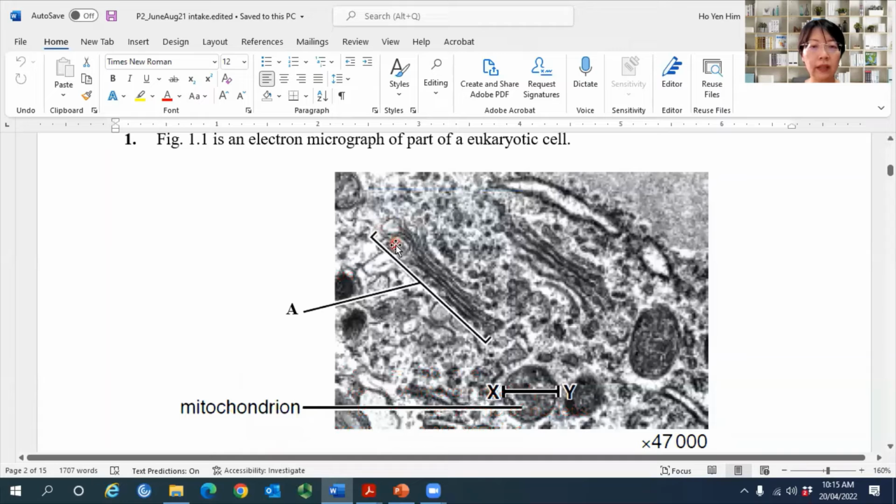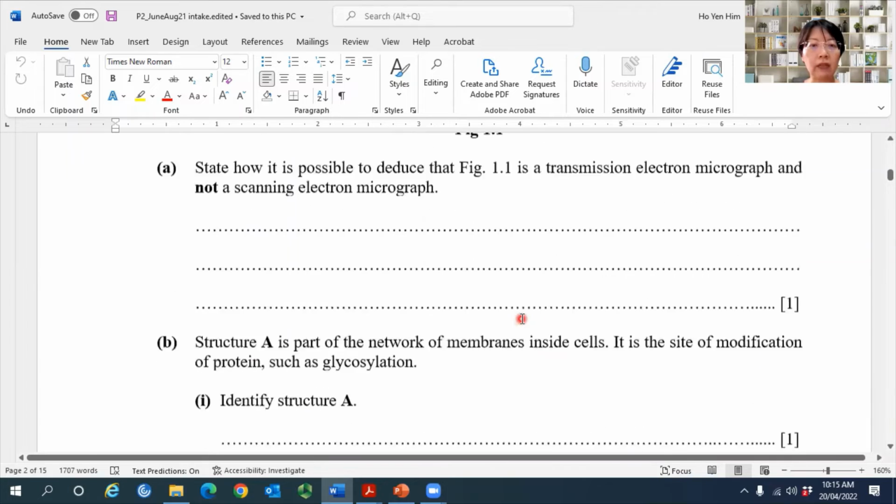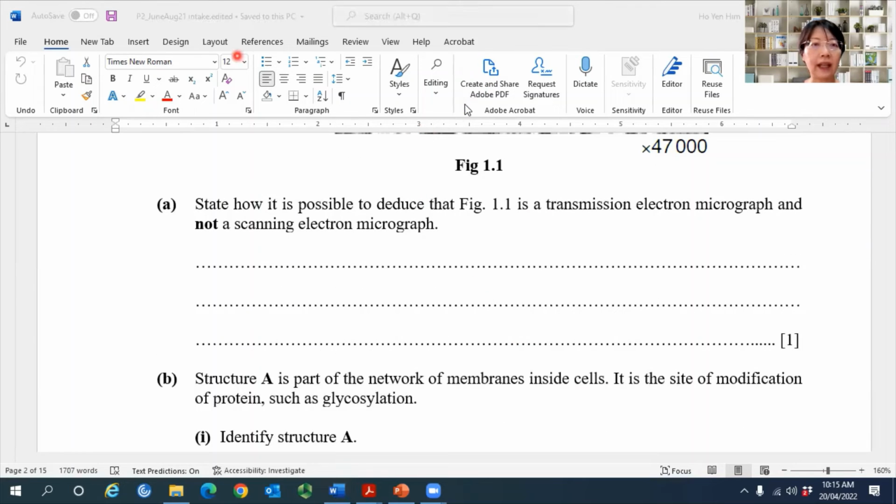See this one vesicle, this one is enlarged. This one is already a complete circle, so it's already a vesicle that butt off from the edge of the cisterna. But this one here is enlarged but has not butt off, same as this part here. So you can either write having vesicles at the edge of the cisterna or the edge of cisterna is enlarged. That's the next one you can write.